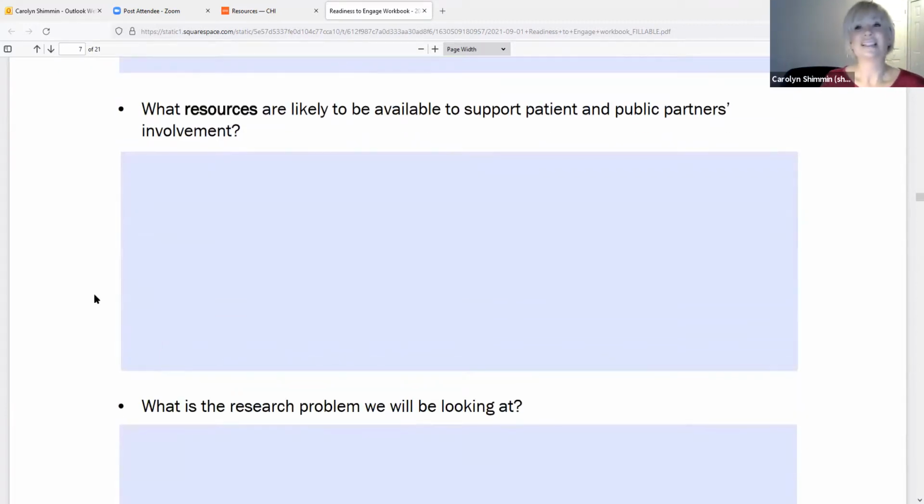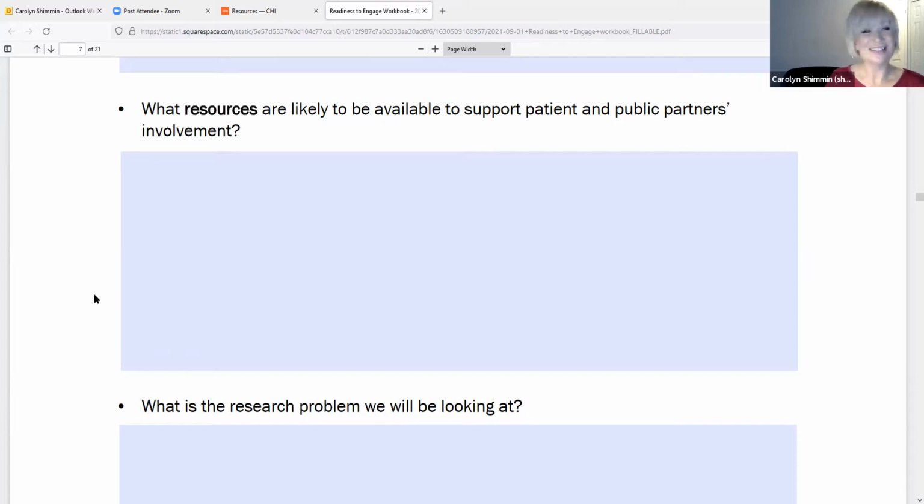What resources are likely to be available to support people with lived experience in their engagement? So this includes compensation. We're huge on compensating people for their time and their energy and the insight that they bring to the table. But this also could mean having things in place for caregiving, so that allows people to engage, thinking through transportation, parking, food.